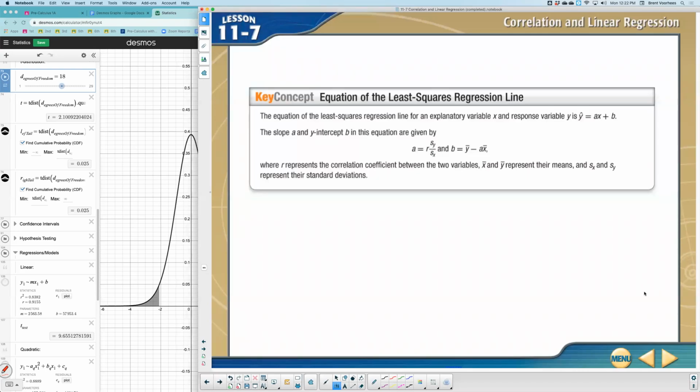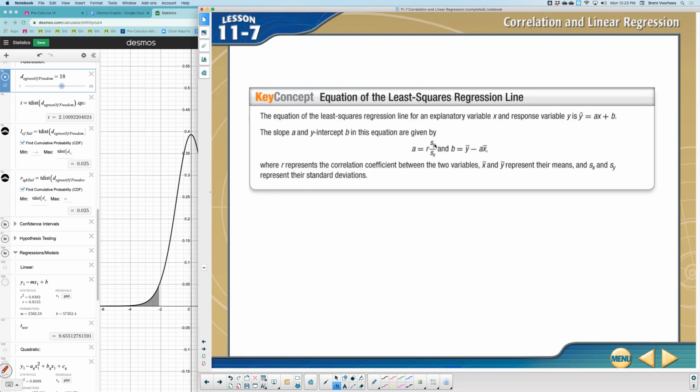Now, leading into example 3, it starts talking about how we could find out what the slope, they use the letter A, I'm going to use the letter M here, and the y-intercept are, given a set of data. Here's the formula: you take the correlation coefficient and multiply it by the standard deviation of the y data set divided by the standard deviation of the x data set.